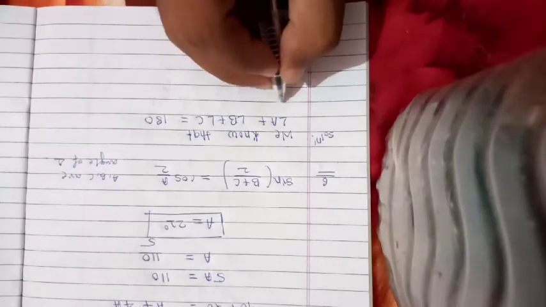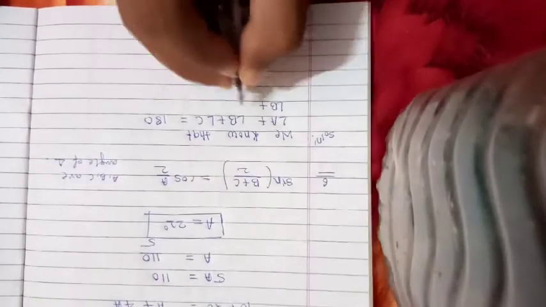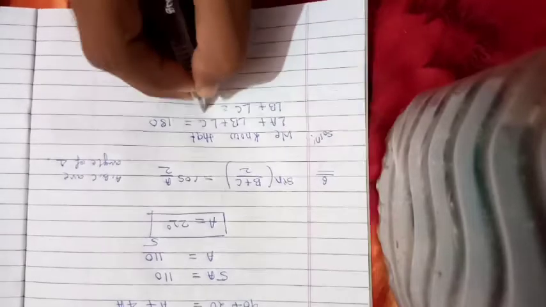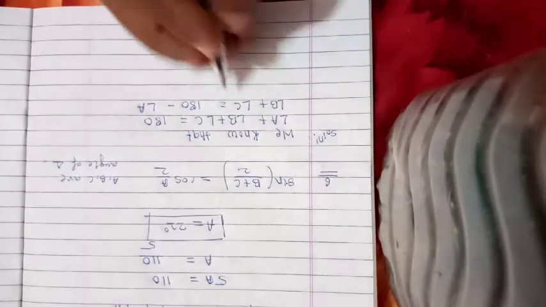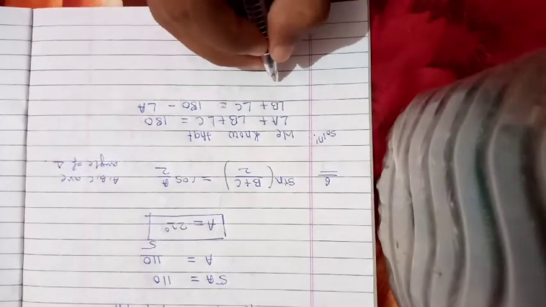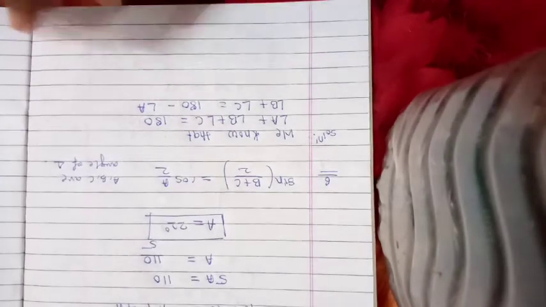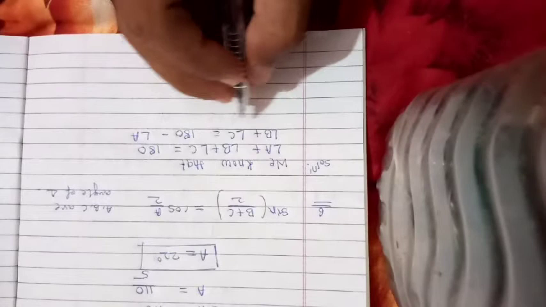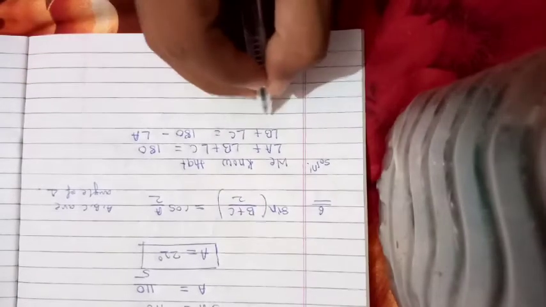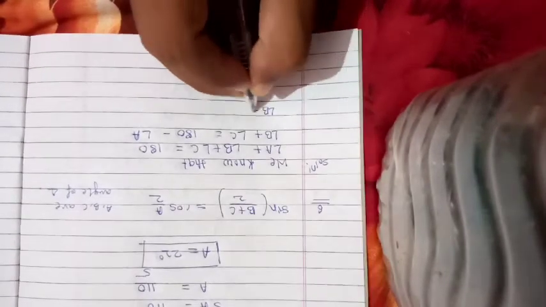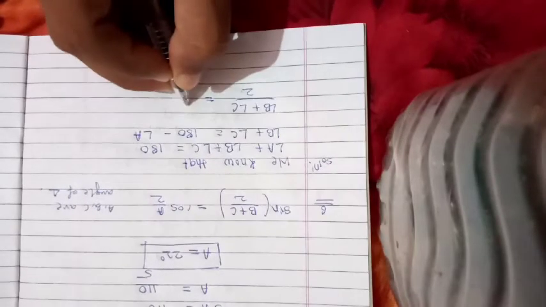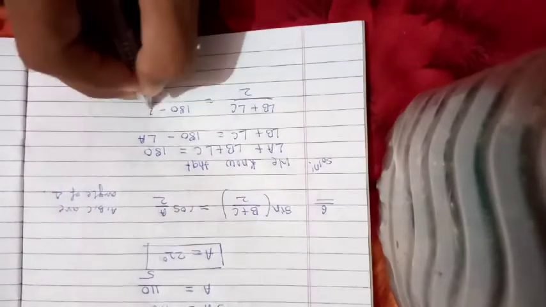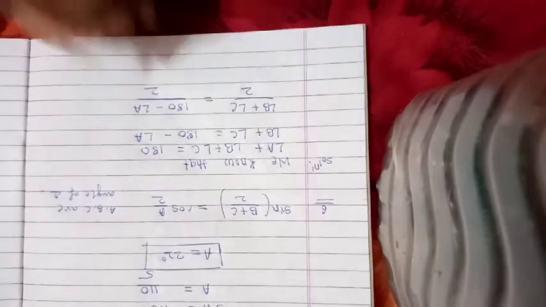So you can write angle B plus angle C is equal to 180 minus angle A. Now when you divide by 2, it will become (angle B plus angle C) upon 2, which is equal to (180 minus angle A) upon 2.